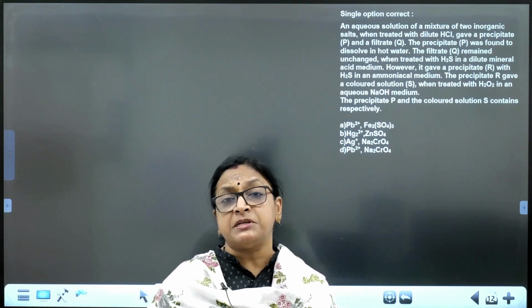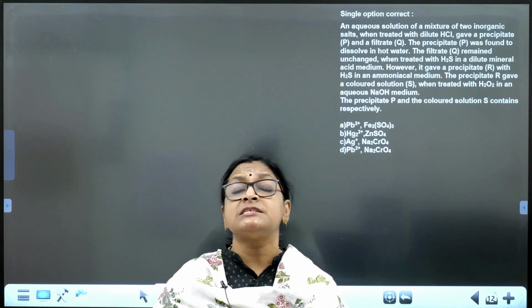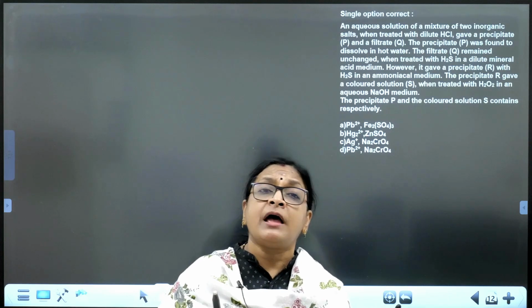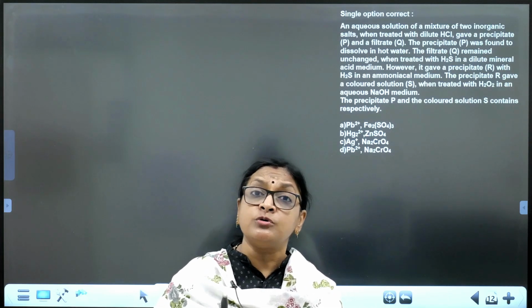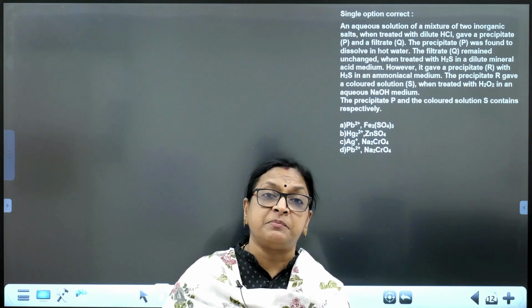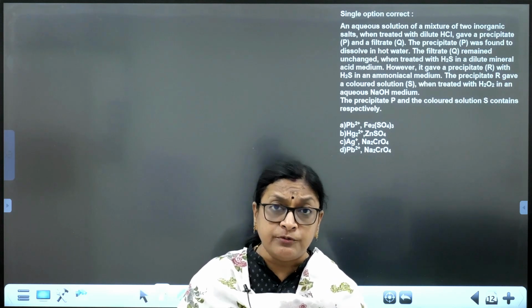So all those metal ions whose chlorides are sparingly soluble, or having very low solubility, will get precipitated and are tested by the group reagent dilute HCl.